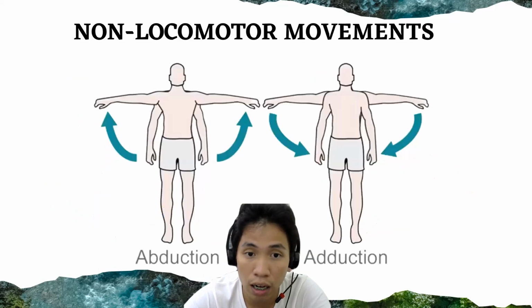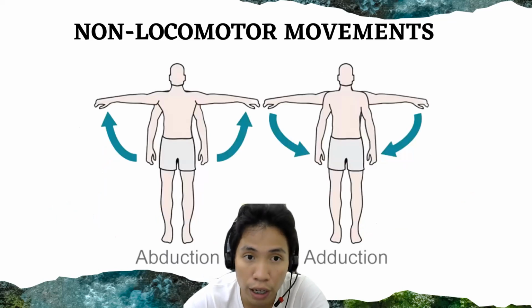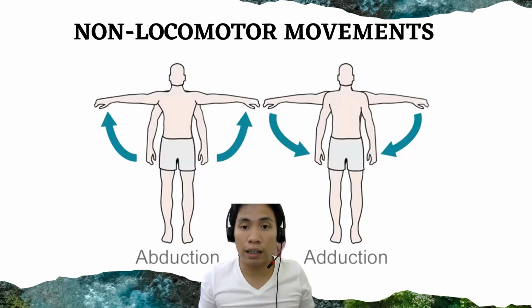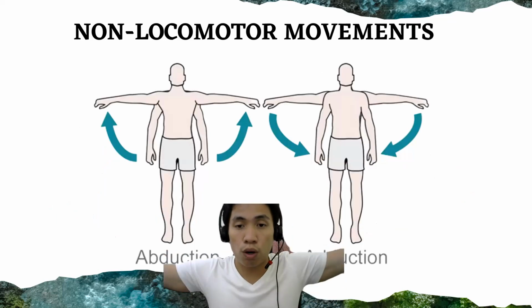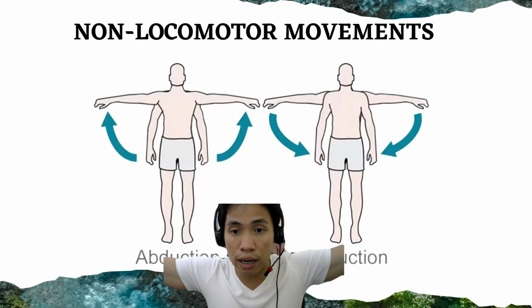Next are abduction and adduction. Abduction is moving your arms away from the midline of the body, so from here to here. While adduction, you are moving your hands towards the body or towards the midline of your body.